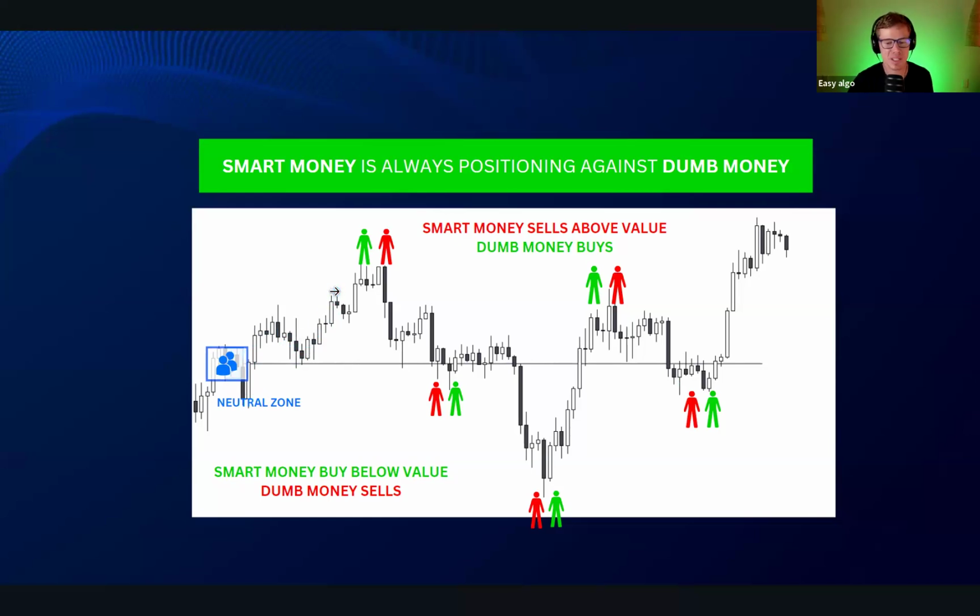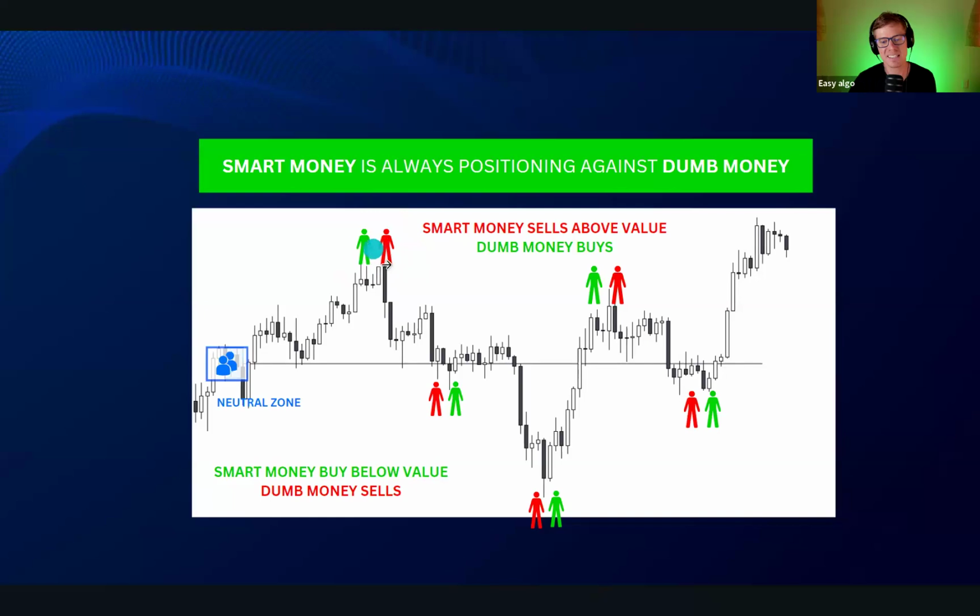A lot of times when a person sees a green candle, they just enter their buy position because there's this FOMO, this automatic trading. Trading is emotional. It's got its strategy, which is simple, but the biggest challenge traders have is understanding how to control their emotions when they trade. So what happens is it creates a big green candle, dumb money buys, and then smart money sells to the dumb money.